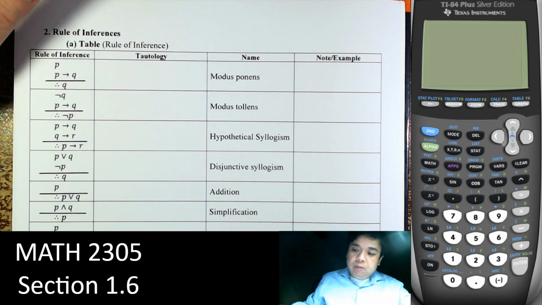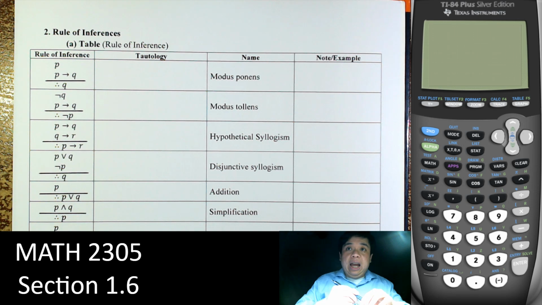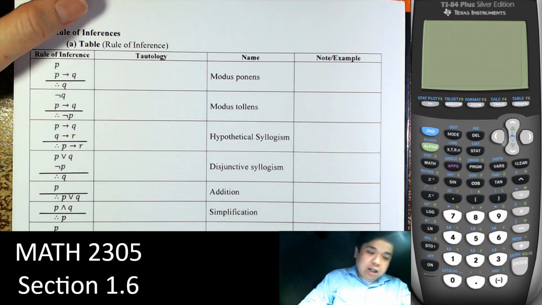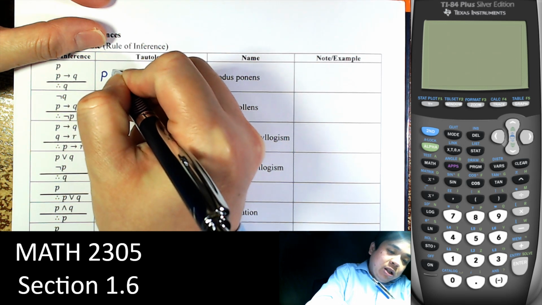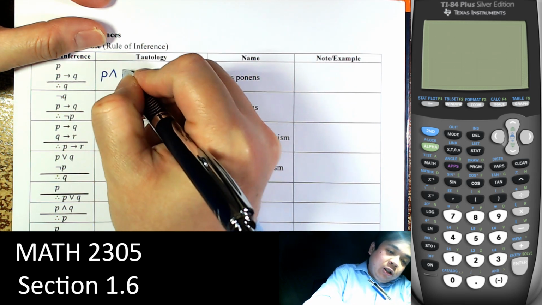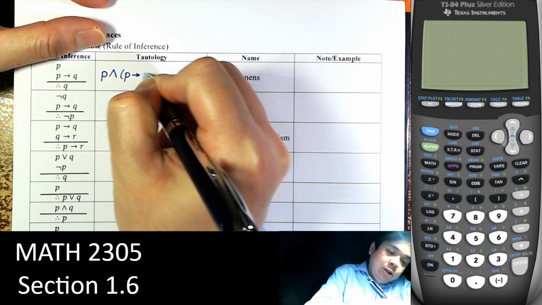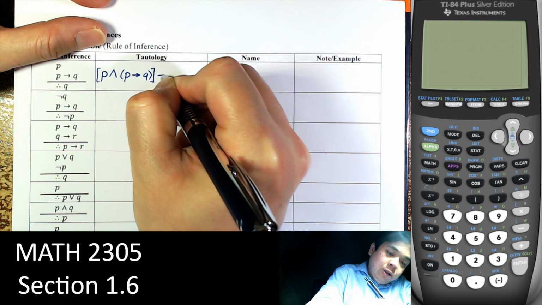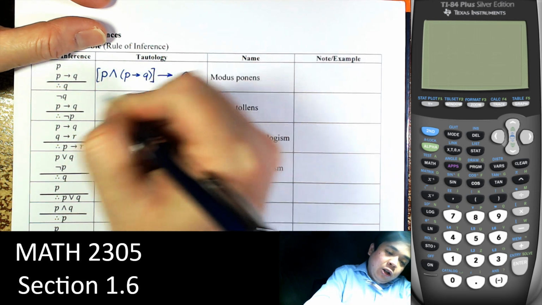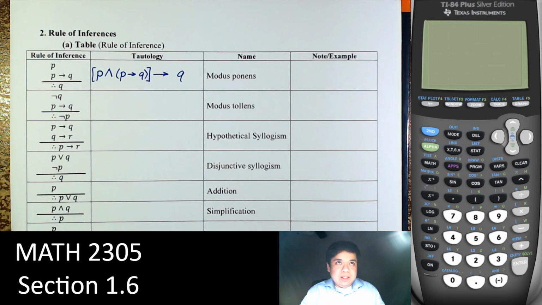Right. So the way we write that as a logic statement, when we see this, we write all the premises with the conjunction, and that implies the conclusion, right?